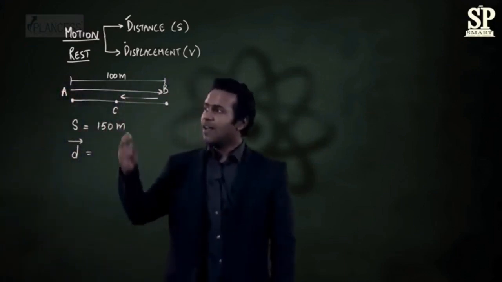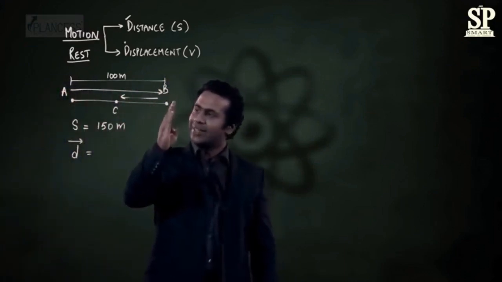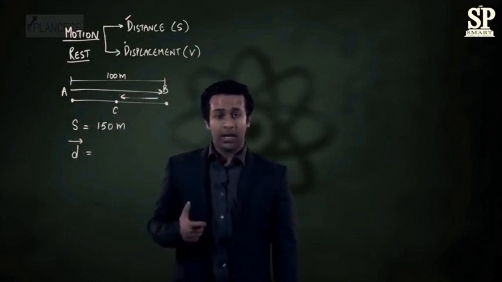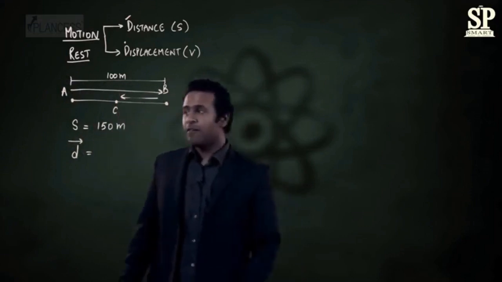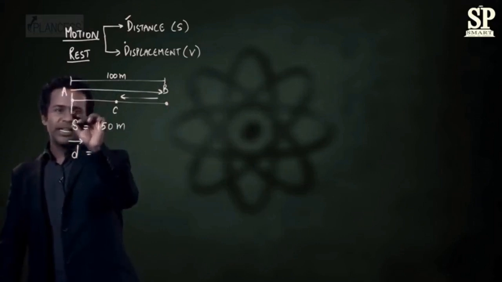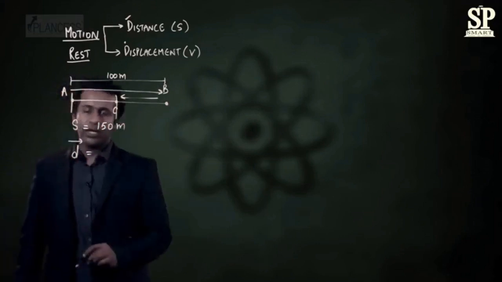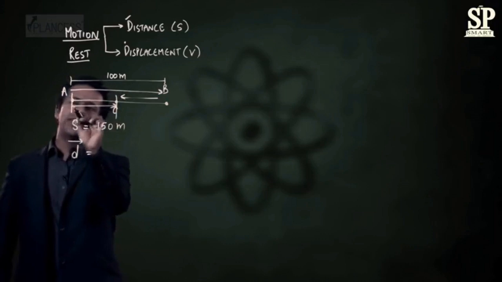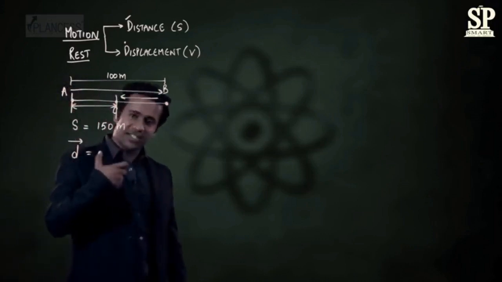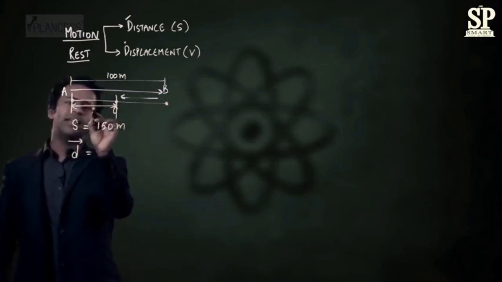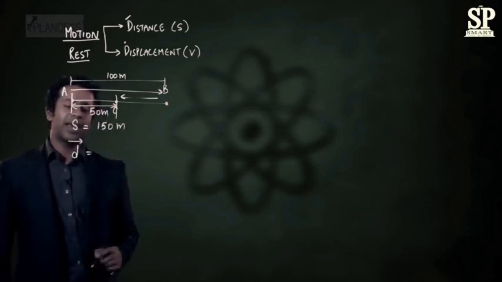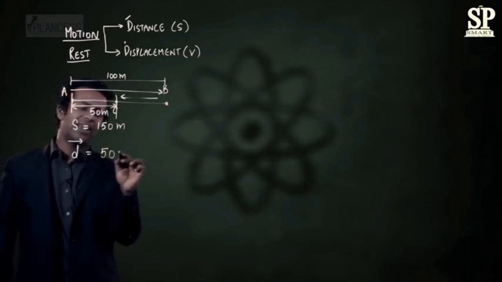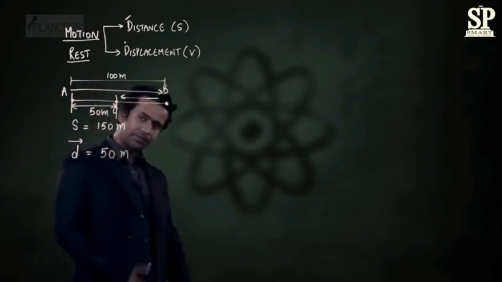The particle first went up to B and then came back to C. Now, when we are measuring displacement, we are only concerned with the initial point and the final point. So when you join these 2 points, you see that the final distance between them is only 50 meters. And hence, the displacement is 50 meters.